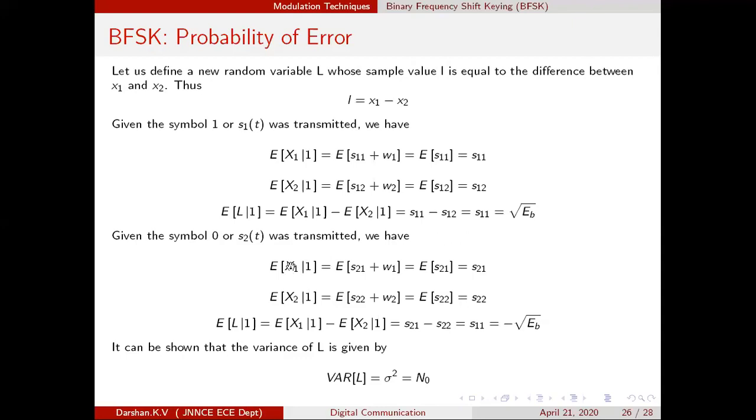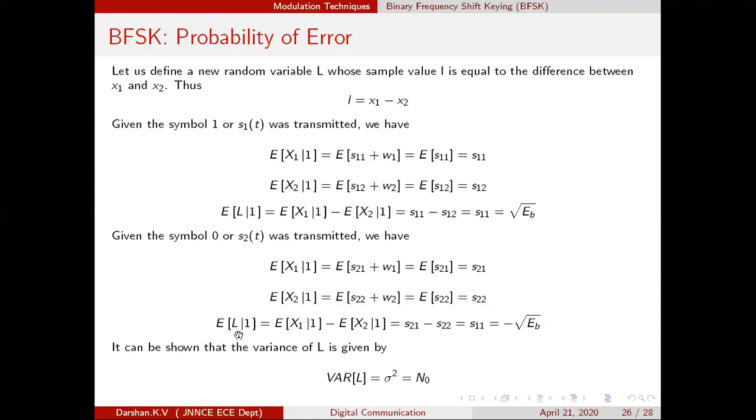Correct. So which signal has been transmitted? S2. Therefore, you should write S21 over here. Similarly for x2, you should write S22. This has been derived in the second module only, so I am going a little fast. On solution, you are going to get S21 and S22.